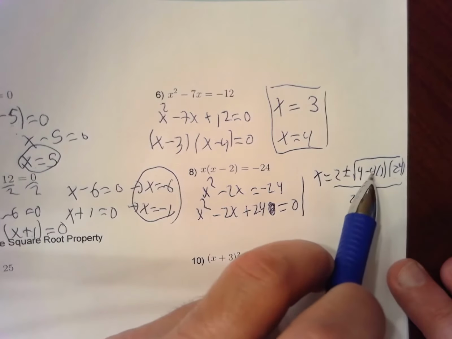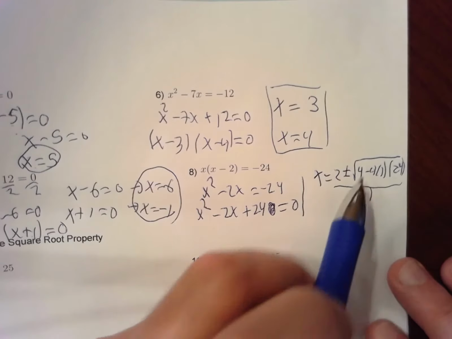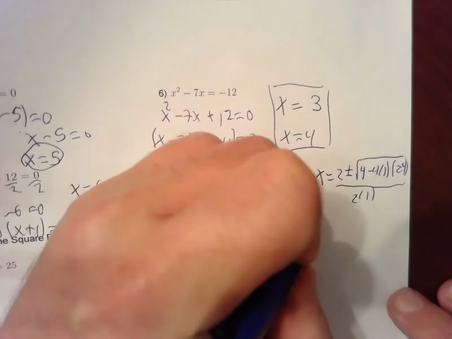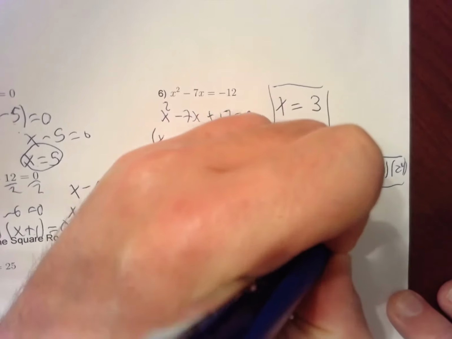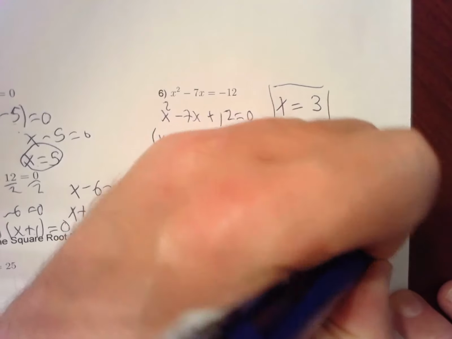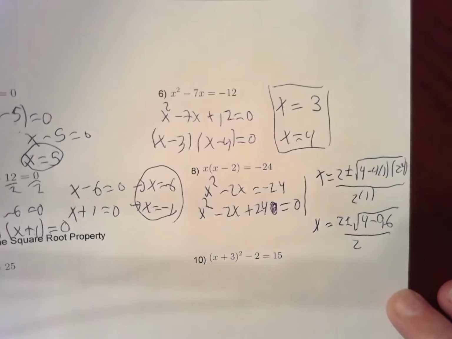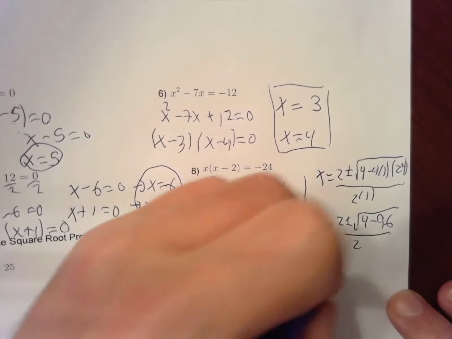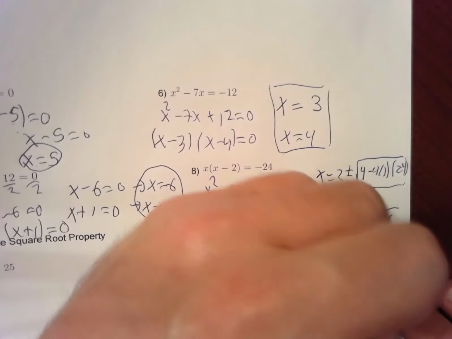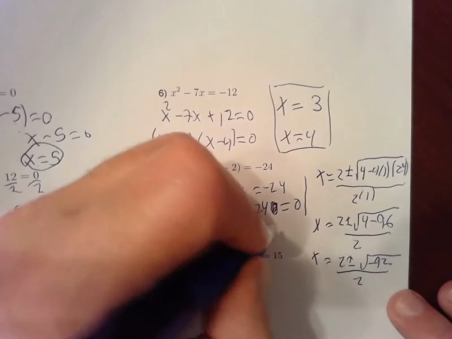Order of operations, we have to do this multiplication first. So 4 times 24 would be 96, I think. Let me check that real quick. 96, yes. So I'll get x is 2 plus or minus the square root of 4 minus 96, over 2. Or x is 2 plus or minus the square root of negative 92, over 2.